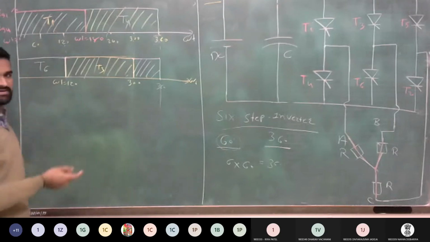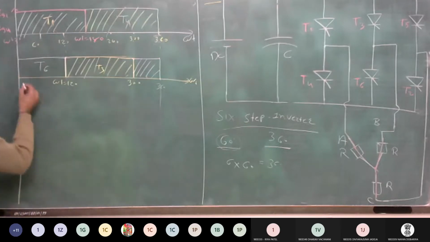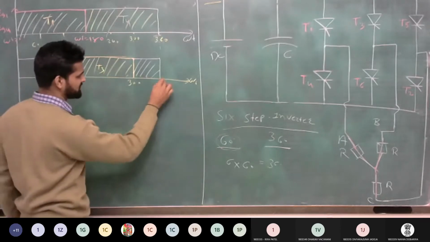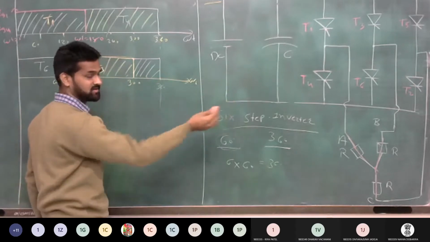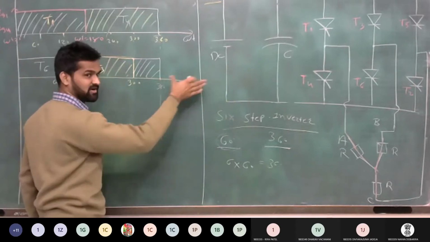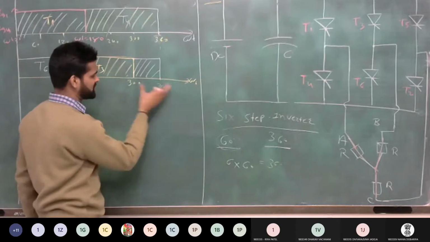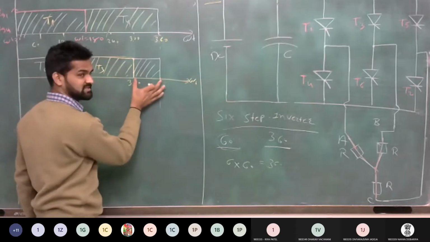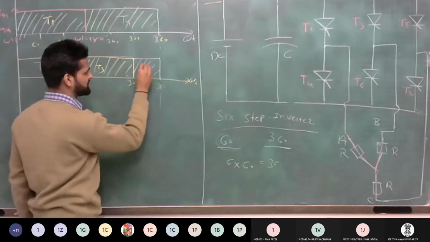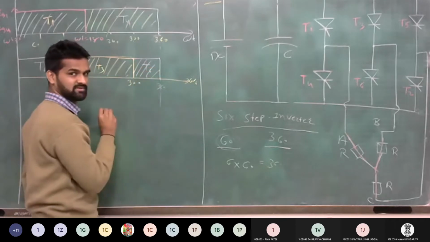But suppose that in the steady state condition the thyristor T6 is turned on in the previous cycle. Suppose I draw the cycle after this 360 degree, the next cycle. So in the next cycle, only 120 degree will conduct, because in the previous cycle, from 300 to 360, this 60 degree duration your T6 already conducts.